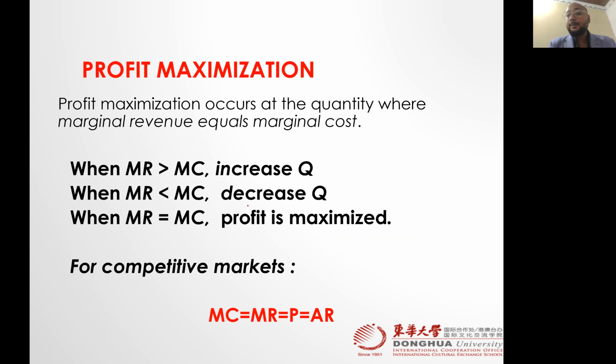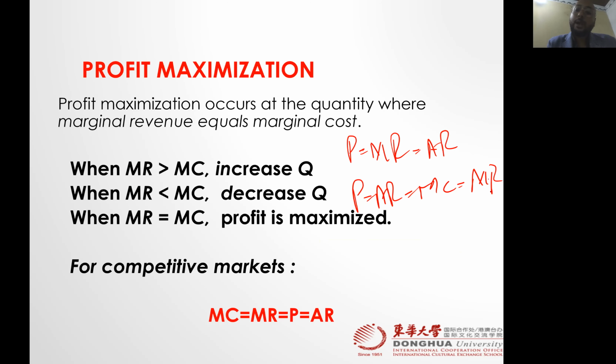So it means we have a profit maximizing condition for our competitive market. We have the revenue structure of the competitive firm, that is P is equal to MR is equal to AR. And to get the maximum profit, we have to produce where MC is equal to MR. In a competitive market, your price is equal to AR, and your marginal cost is equal to your marginal revenue.